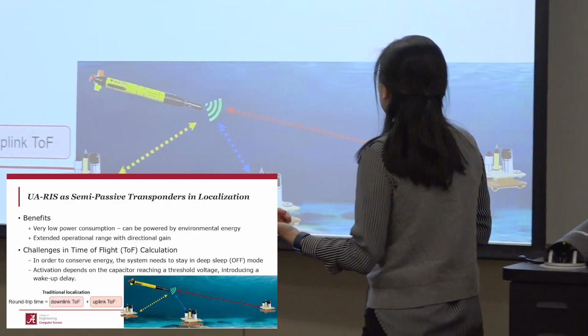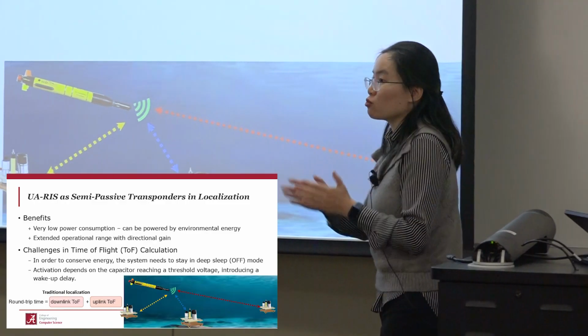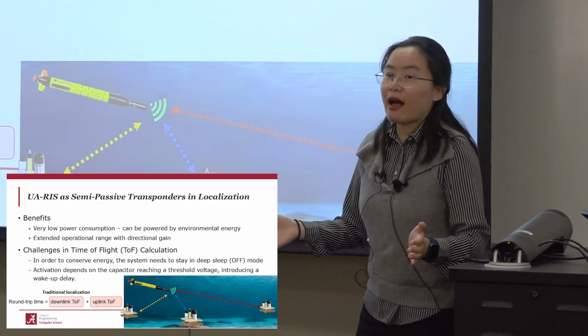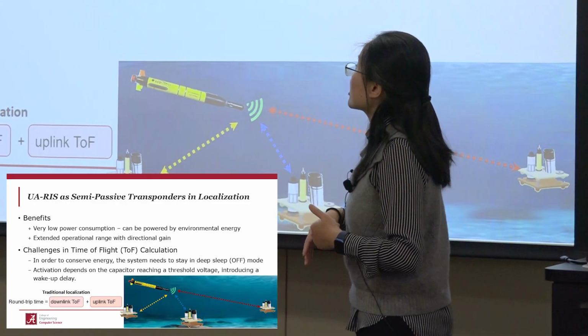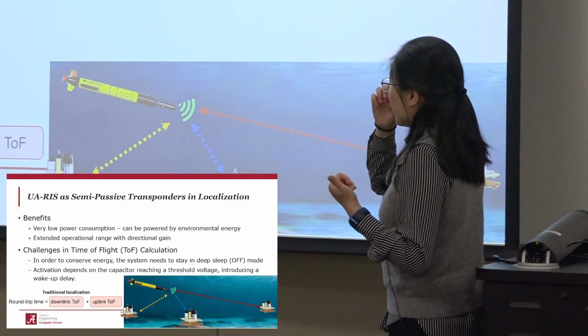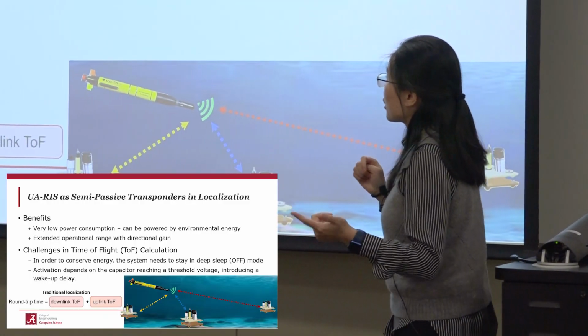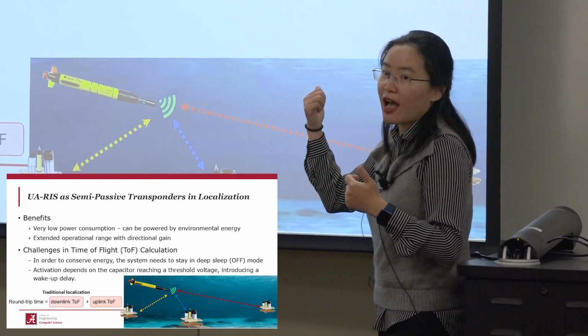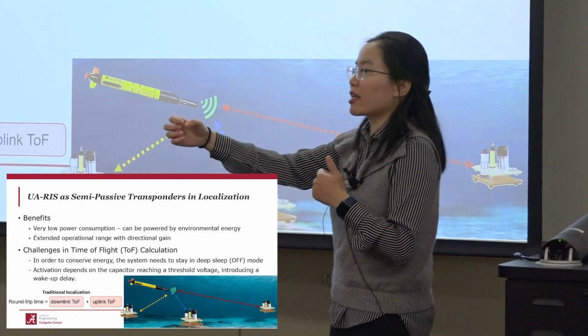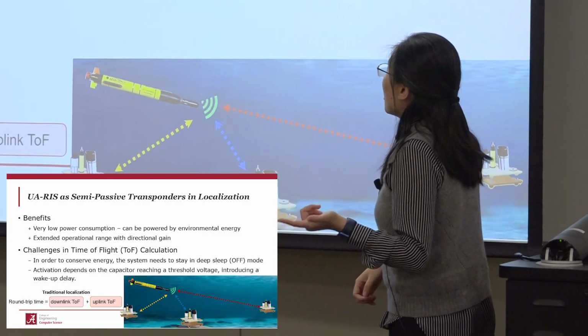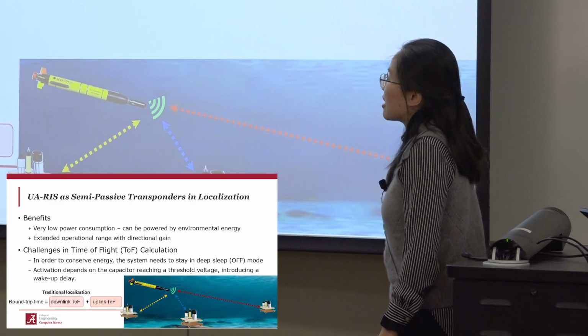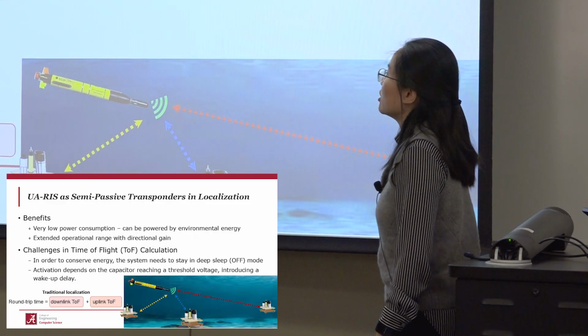Basically, for the transponders, we want them to work for a longer time, and that low power is a good benefit. And also, we wanted to extend the operational range because our RIS provides the directional gain, and we have a good communication range, but it also has its own limitations.